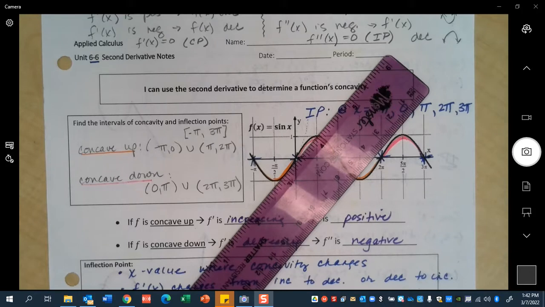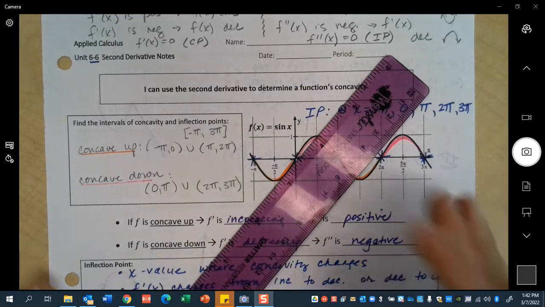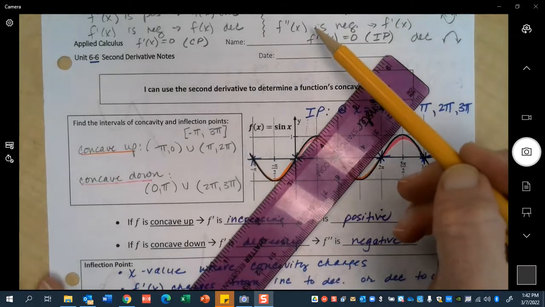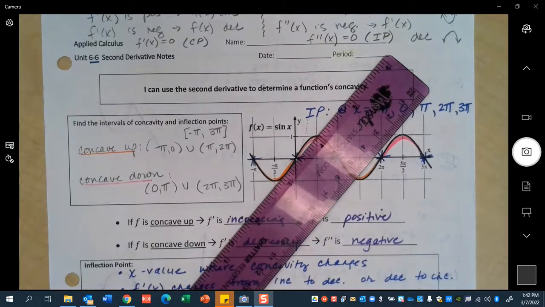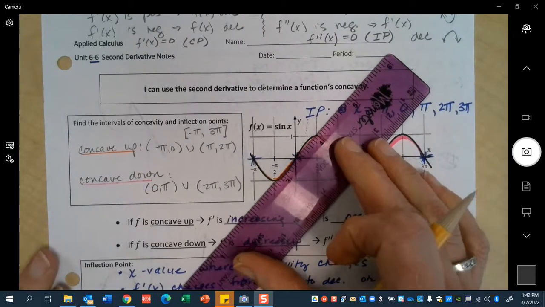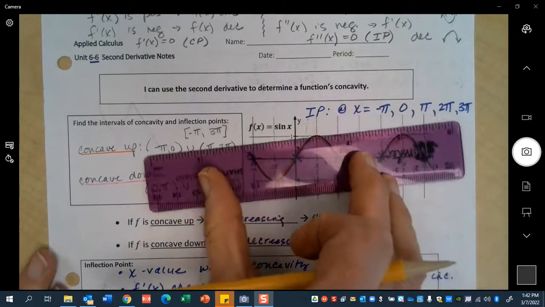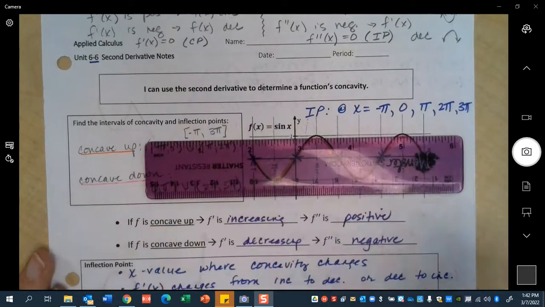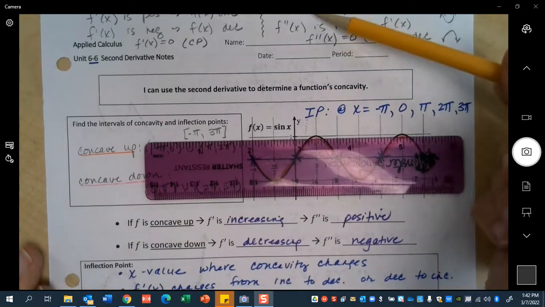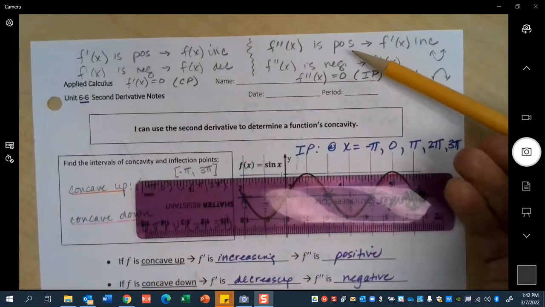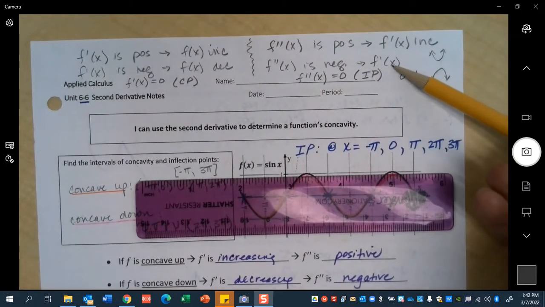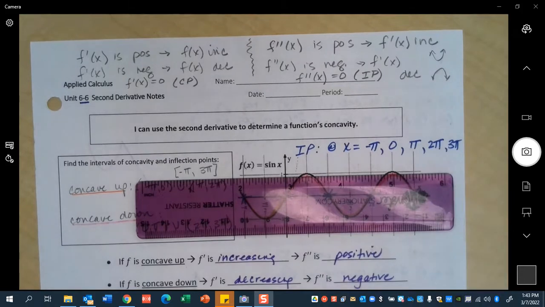So that inflection point is where my second derivative value stops getting bigger, and it starts to get smaller all the way until it hits 0. So as my change is happening, where my derivative is now decreasing, that's where I switch concavity.